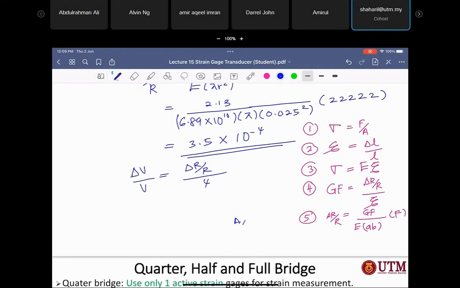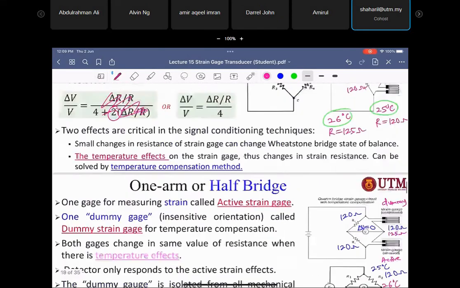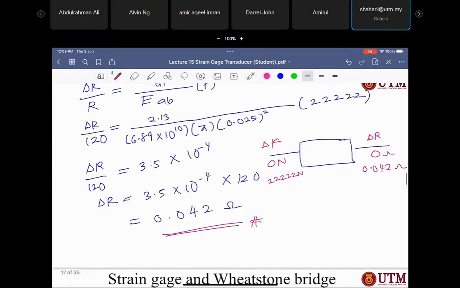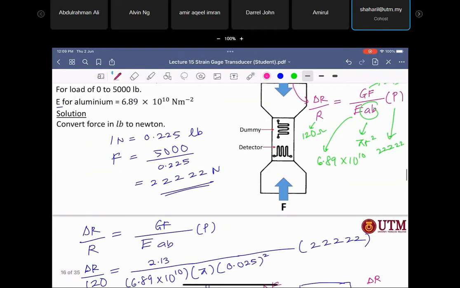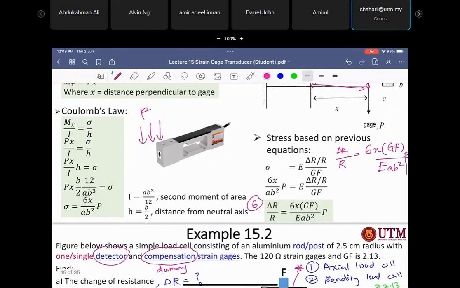You can pull it or stretch it horizontally or vertically, right? Axial load cell. And then the last one, we have the bending load cell. So the equation will be, where is the bending load cell? Sig x only, right?